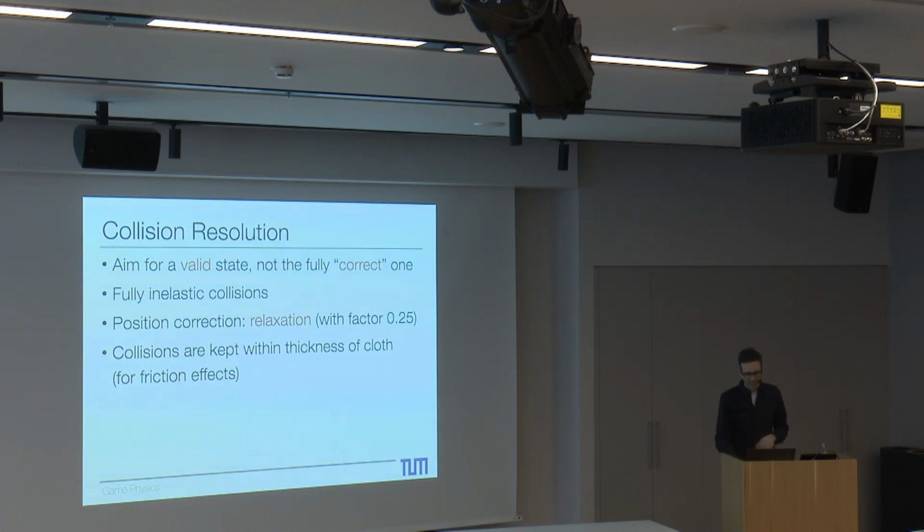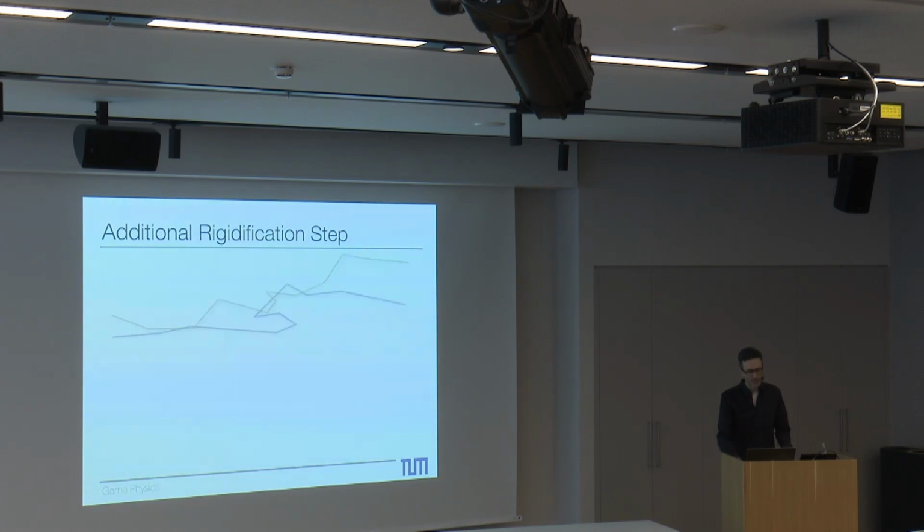And interesting, if you look at the paper, there was a fix-up that was necessary despite this already relatively expensive iterative procedure for resolving the collision. The paper proposes what they call a rigidification step. So the idea is, if you have some really tangled scenarios like this one, where it's difficult to resolve collisions, you detect this after the previous step.